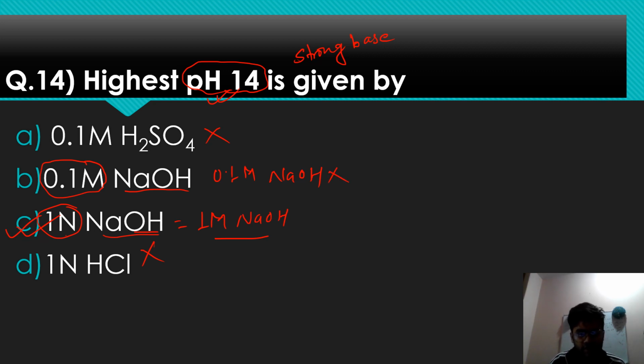This is a wrong answer, and for this we can calculate the pH value. OH concentration is 10 to the power minus 1, then H plus concentration is 10 to the power minus 13, and pH equals 13. Similarly for 1 molar NaOH, the concentration of OH minus equals 1, that is 10 to the power 0.